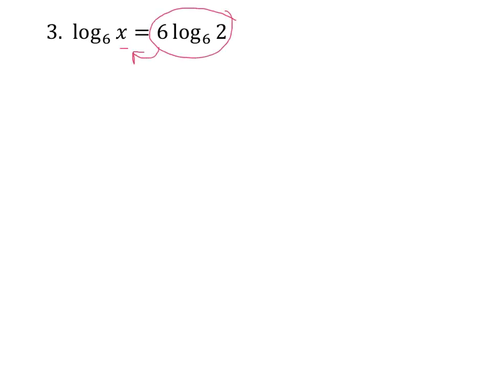And when we do that, it's going to become a minus. So we're going to have log base 6 of x minus 6 log base 6 of 2. When we move it over to the left side, we're left with 0 on the right side.